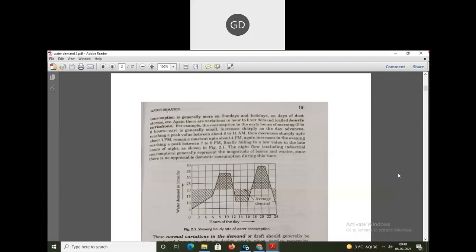Then they are again coming back at 6 p.m. to 8 p.m. So there are some peak times in a particular day. During those peak times, the water is being used more frequently. That is your hourly variation in a day.